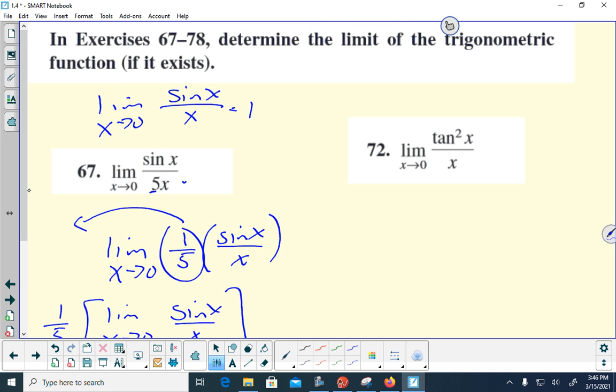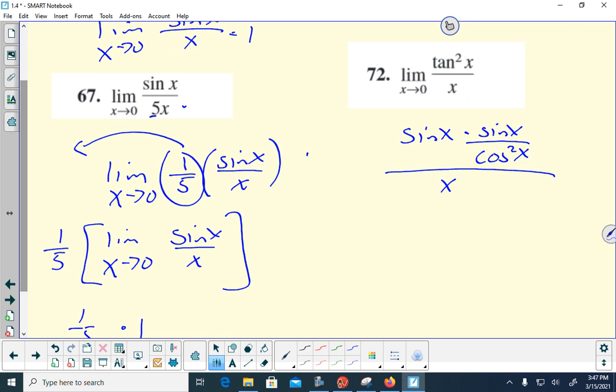Number 67 is also another limit, so if I put in 0, I would get 0 over 0, so I know it can simplify. So tangent squared, I'm going to think of as sine of x times the sine of x over cosine squared x, all over x. Now I'm going to think of it as though I have two separate limits, still as x approaches 0.